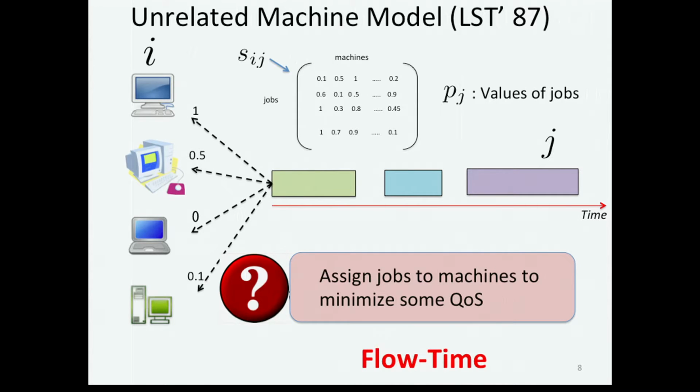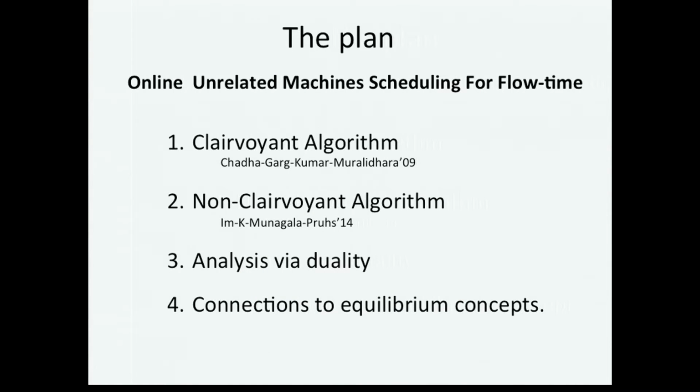In this talk, I'm mostly interested in understanding the flow time objective, which was already defined by Kamesh. As I already said, the algorithm discussed in the previous talk doesn't actually give any meaningful guarantees for this problem. So what's the plan?